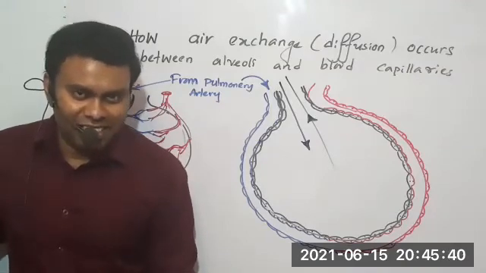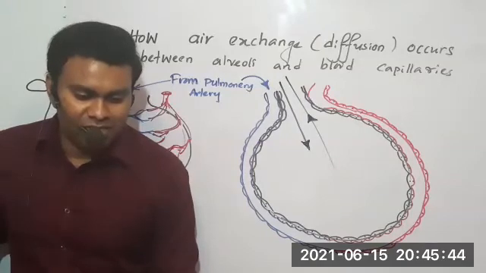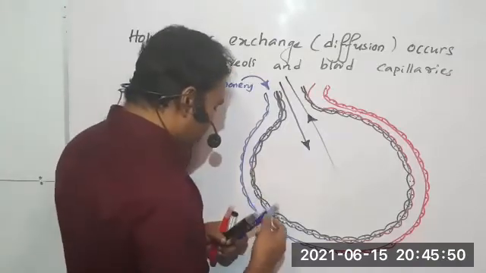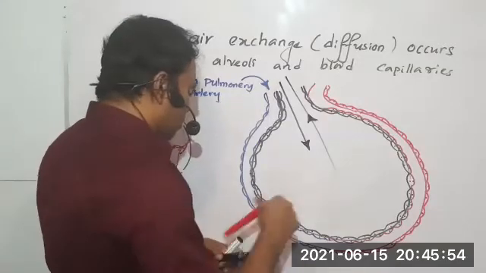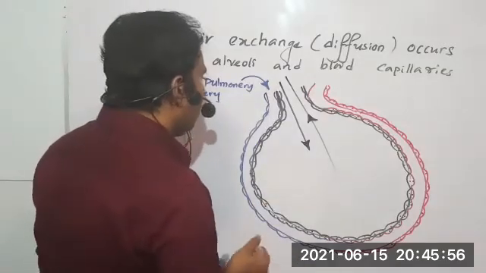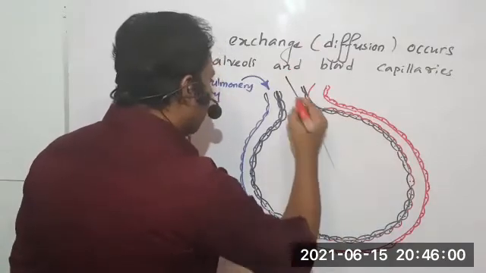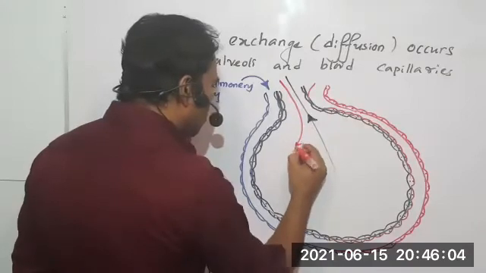Okay, in this, inspiration takes place. When this inspiration process happens, yes, there is flowing of oxygen. Because this is oxygenated, we denote that in red color. So I'll put the flowing of oxygen.